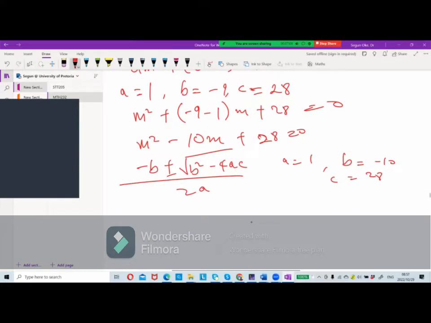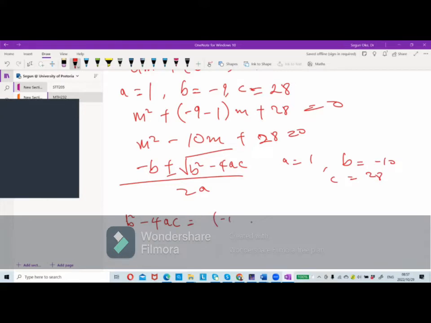You can as well solve this one alone. b squared, minus 4ac.